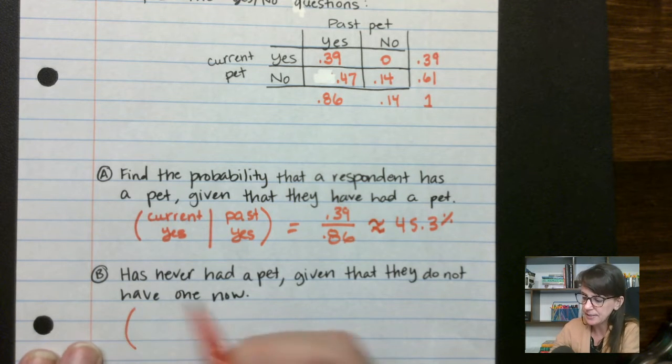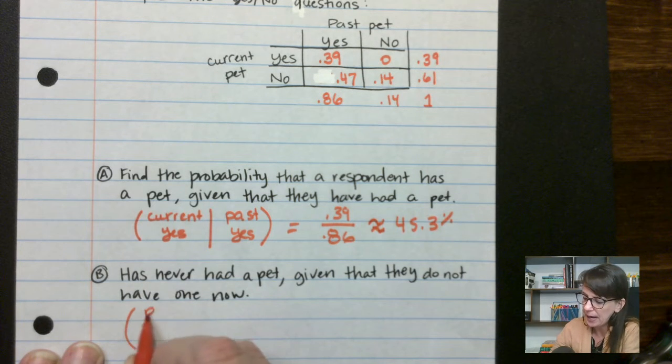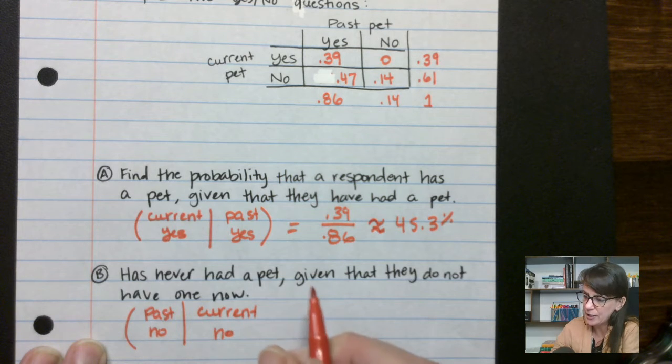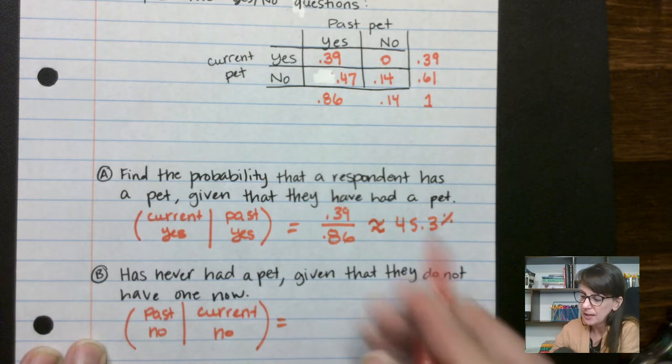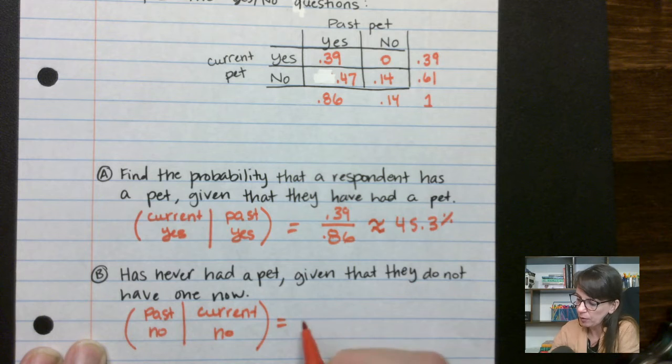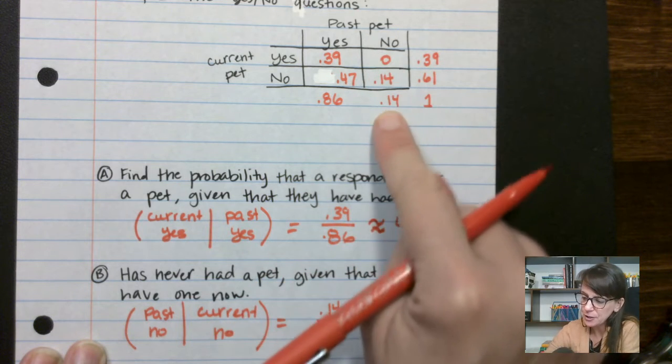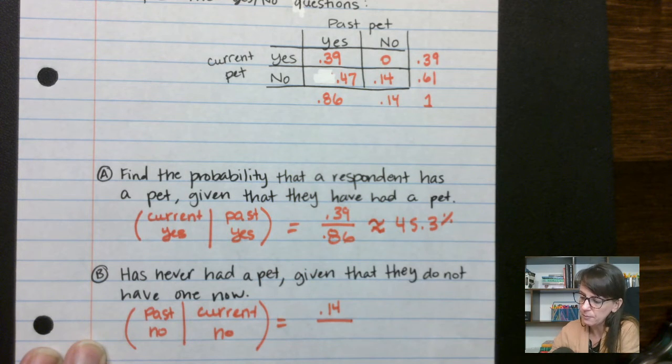Okay, so how about has never had a pet given that they do not have one now? So that is has never had a pet, so past no, given that they do not have one now, current no. So I need a no, which is going to give me 0.14 over past no. So let me just double check that.